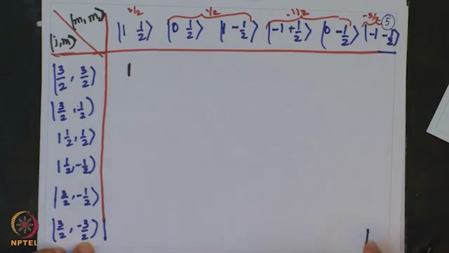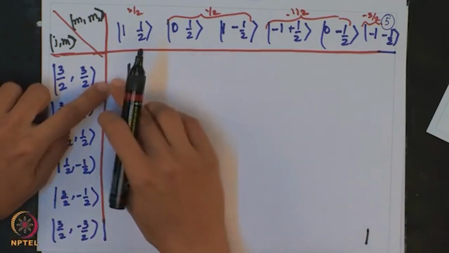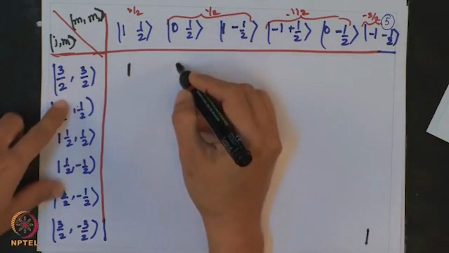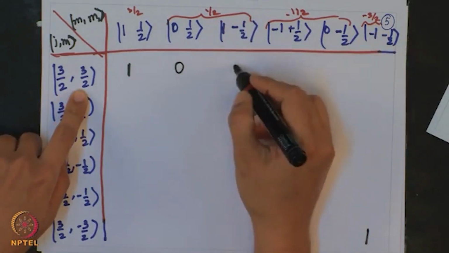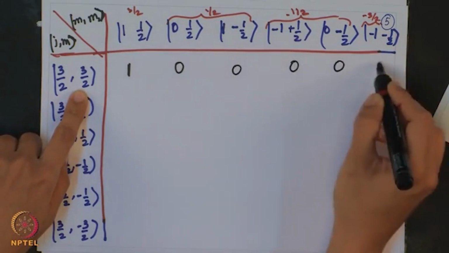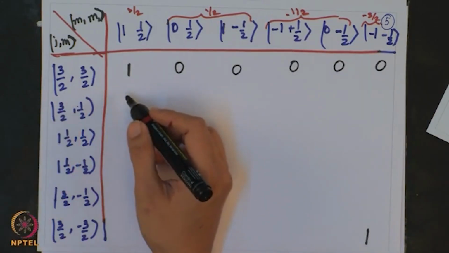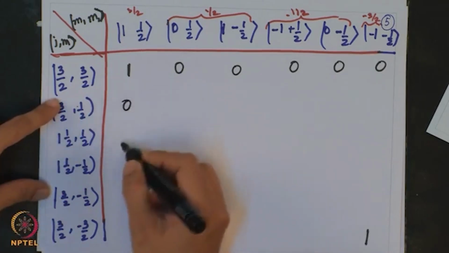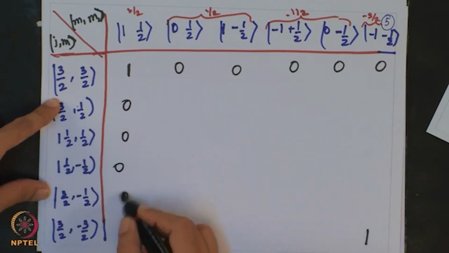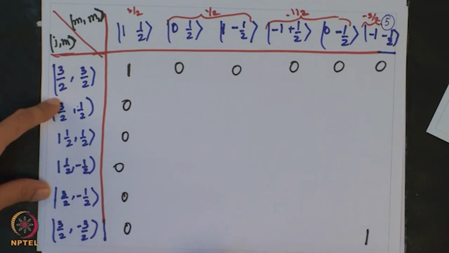So, these two corners you are done, and in the corresponding terms here, it is not possible to have this 3 by 2 combination anywhere. So, you will have 0, 0, 0, 0. In the same way, I cannot have 3 by 2 in these, so I will have 0, 0, 0, 0 and 0.